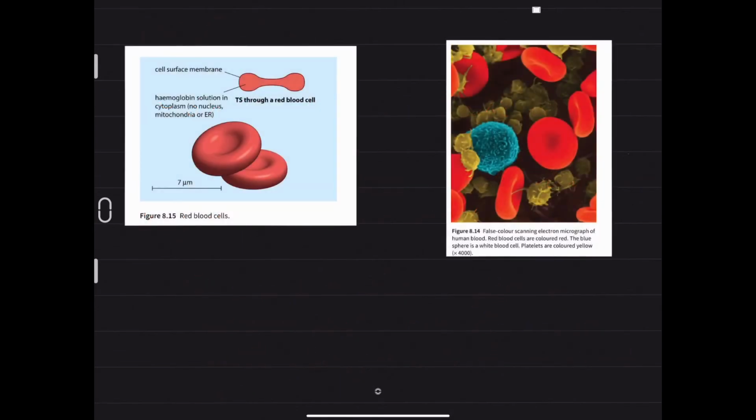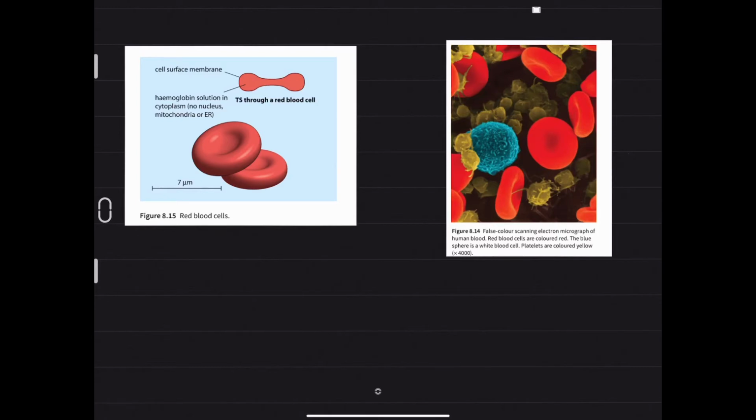You can see an image of the red blood cells. You can see a diagram of a red blood cell and an actual scanning electron microscope image of a red blood cell. Notice the indentation at the center of the red blood cell.